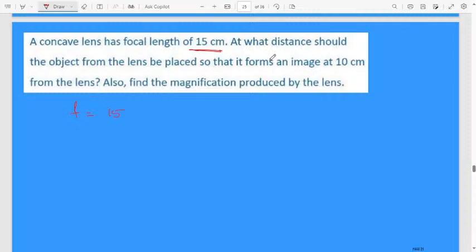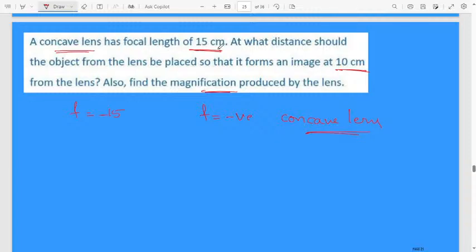At what distance should the object be placed from the lens so that it forms an image at 10 centimeter from the lens? Also find the magnification produced by the lens. Here the focal length will be negative. You have to remember the focal length is negative in the case of a concave lens. Here they have given a concave lens.